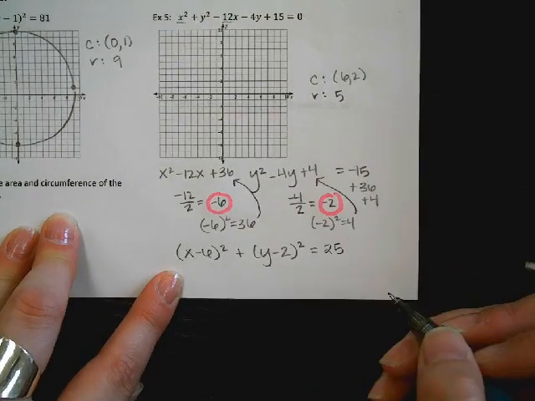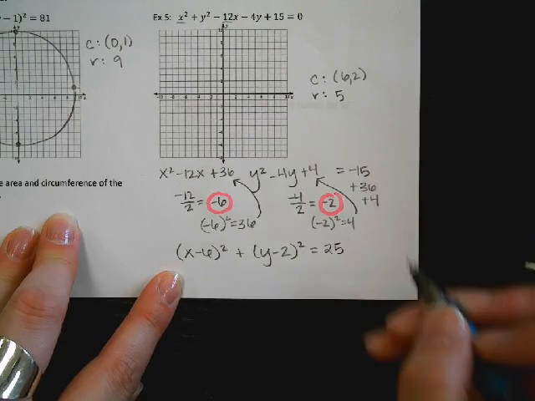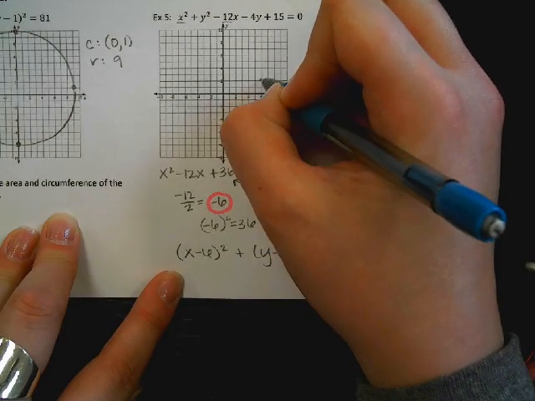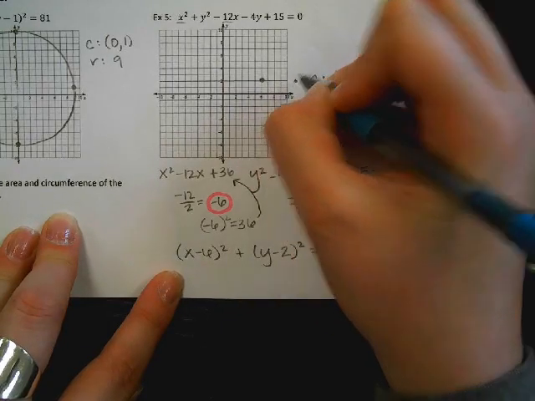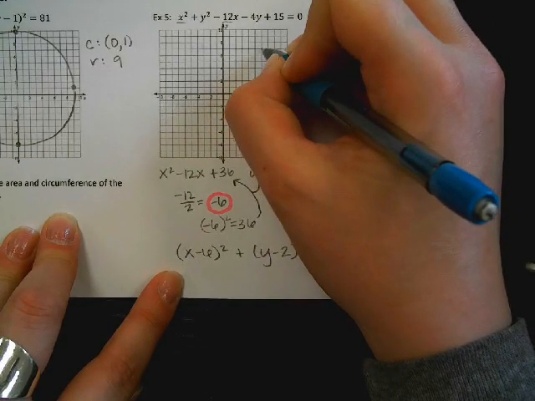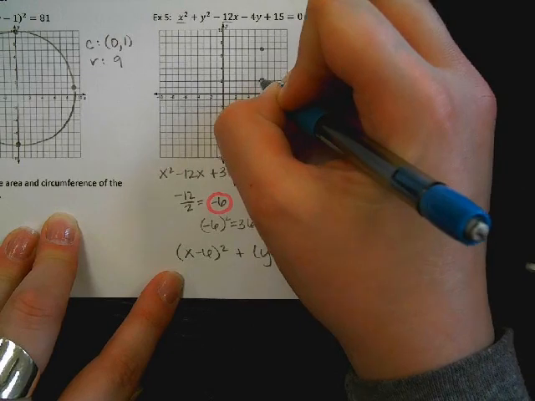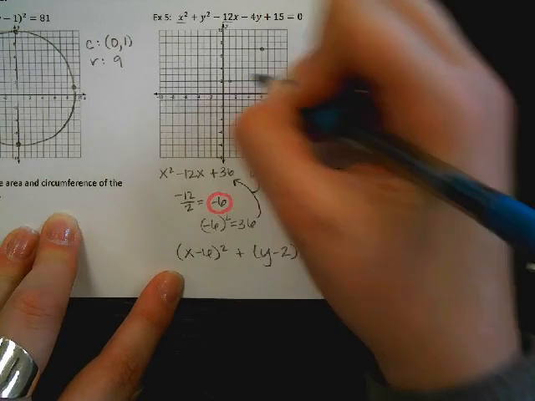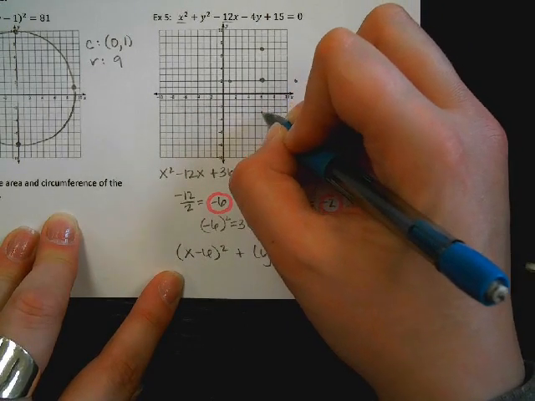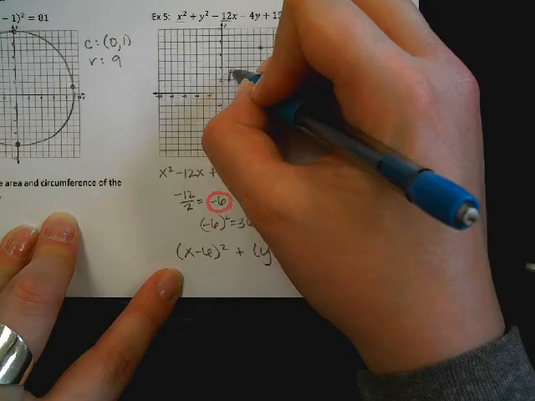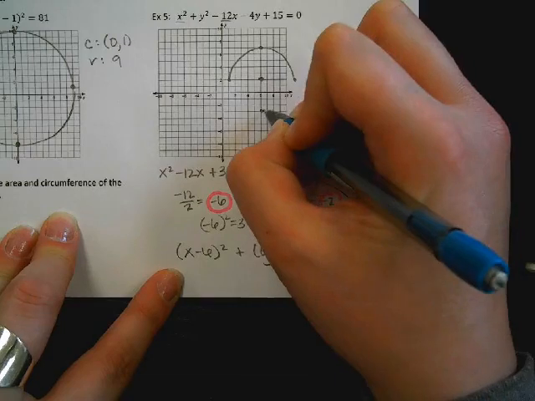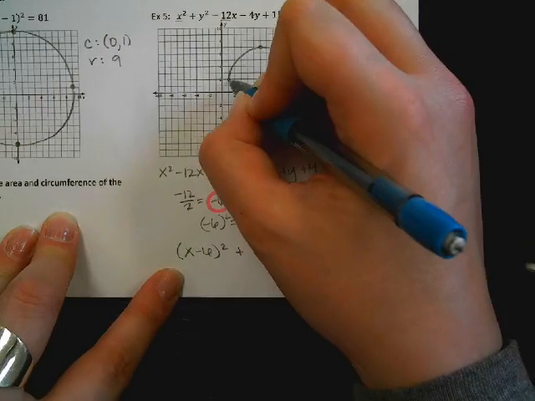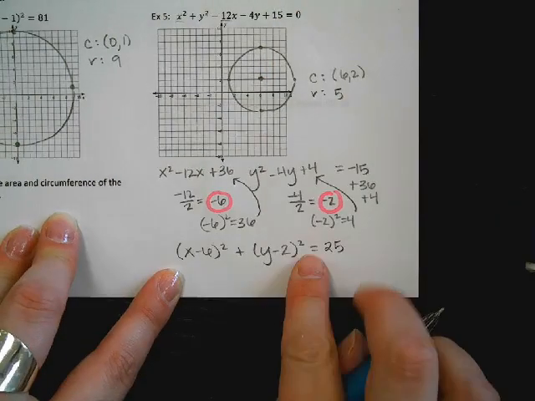Square root of 25 is 5. All right, so right 6, up 2. And then we're going to go right 5 and up 5, left 5, down 5. And then there's our circle.